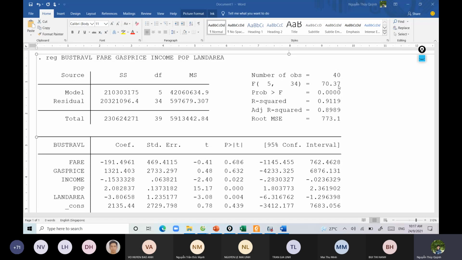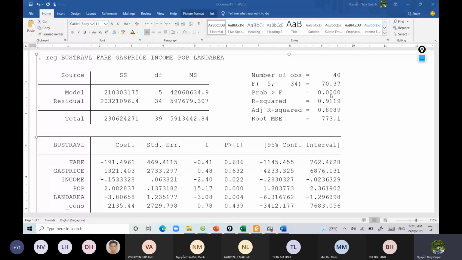Below it we have the probability of F larger than the observed F, which is the probability that we can see an F value which is greater than our observed value of F. So that is the p-value of the observed value of F. And our p-value here is very, very small.